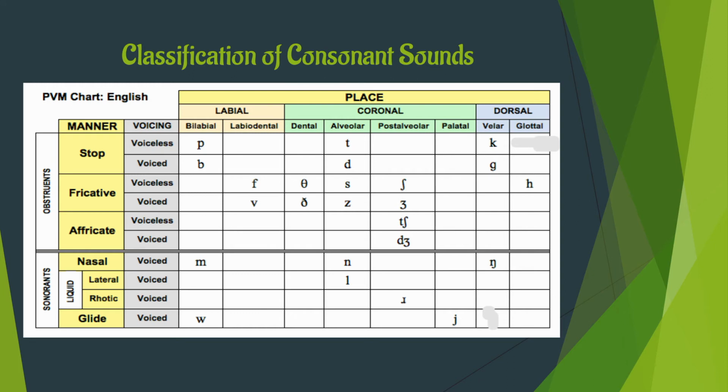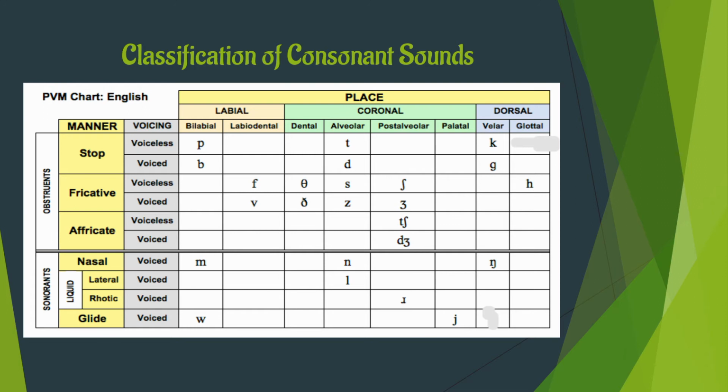at the time of production of this sound, the front part of the tongue is raised towards the teeth ridge or alveolar ridge, and then there will be a gap between the front part of the tongue and the alveolar ridge. If the front part of the tongue is raised towards the teeth, then you can produce a dental sound.